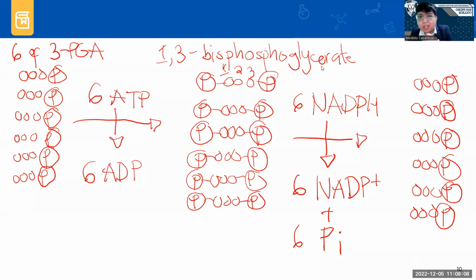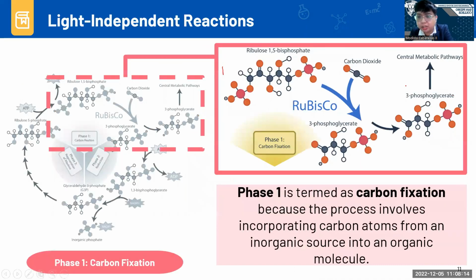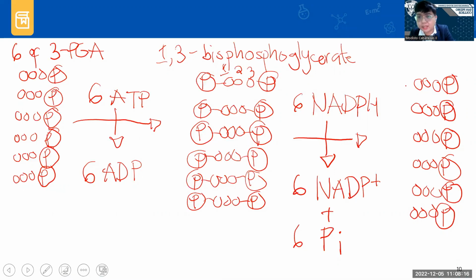Okay, so nasa na yung hydrogen? So si hydrogen ngayon, nandun na siya sa position ni first, yung phosphate na nasa first carbon.